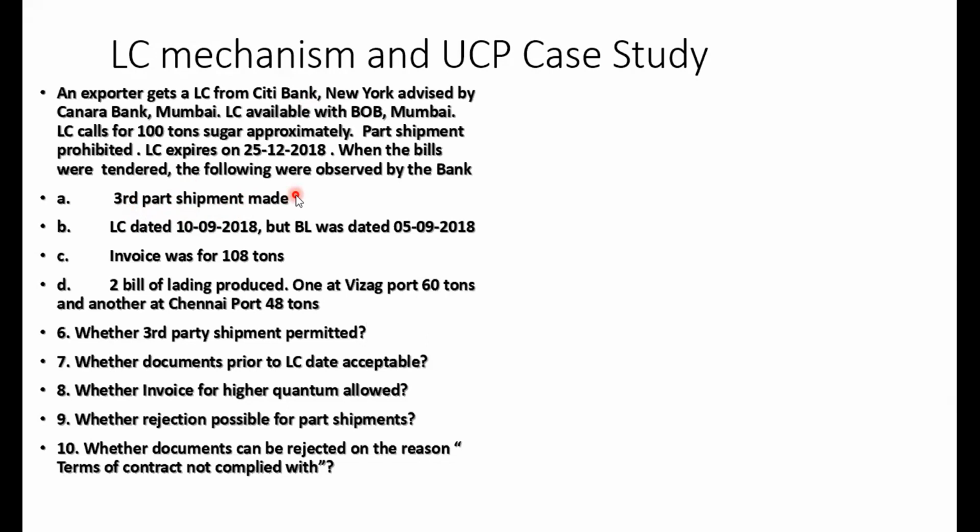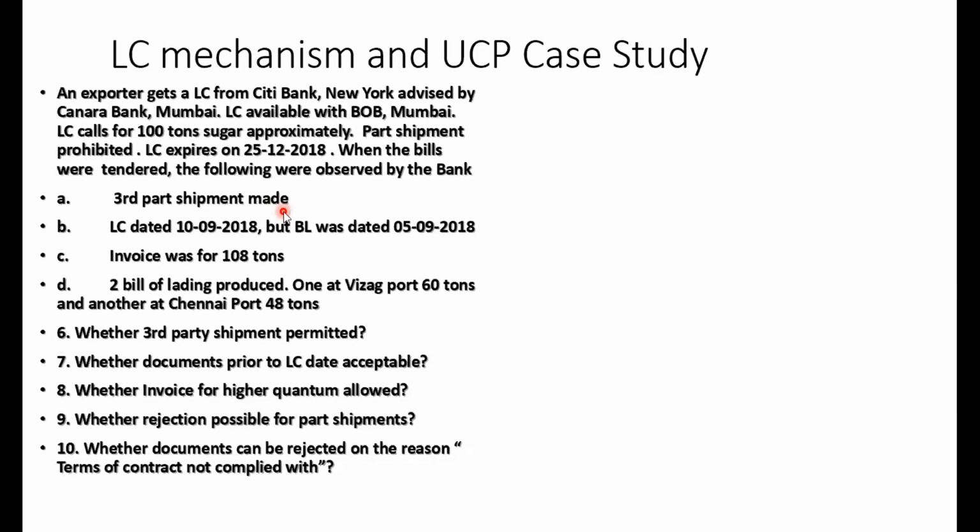Always it is welcome. So third party shipment is permitted, note down, permitted, underline, if third party shipment is not specifically prohibited. You understood? If the LC doesn't prohibit third party shipment, that means it is openly permitted. What is third party shipment?